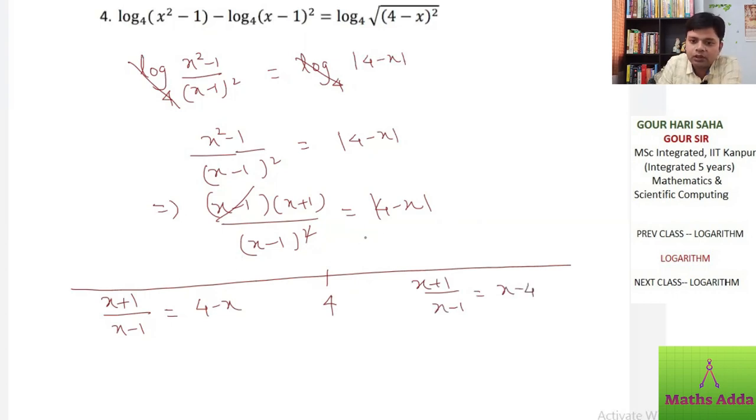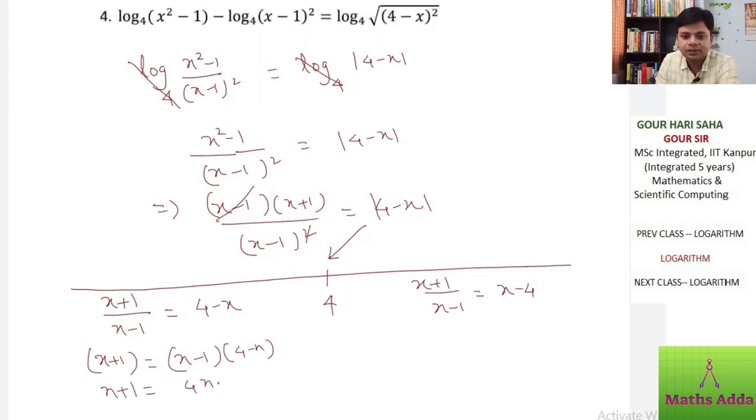If you remember modulus, there should not be any confusion. Now try to solve this side. If you cross multiply, it becomes x plus 1 is equal to (x minus 1) into (4 minus x). That is x plus 1 is equal to 4x minus x square minus 4 plus x.